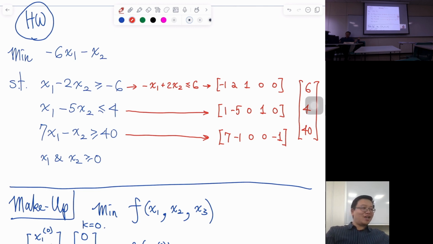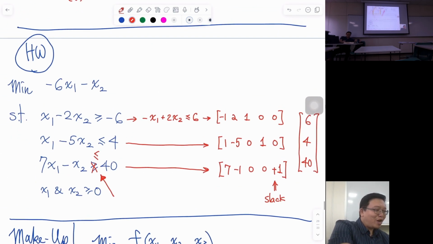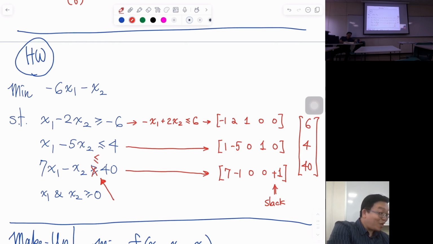Because I chose the wrong side in the problem, the correct one should be this. Okay, if I do that, then you are adding a slack variable, not minus a surplus. That changed everything. So my mistake was this. Sorry, last time when I was preparing this, I don't know what happened.